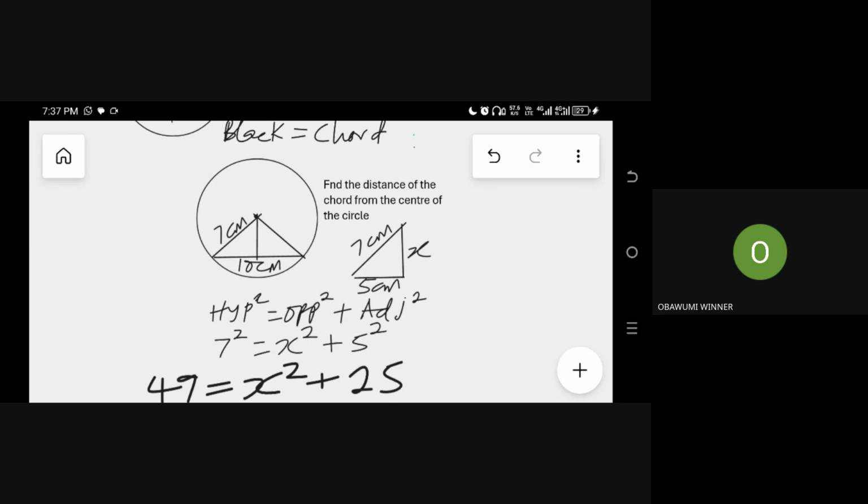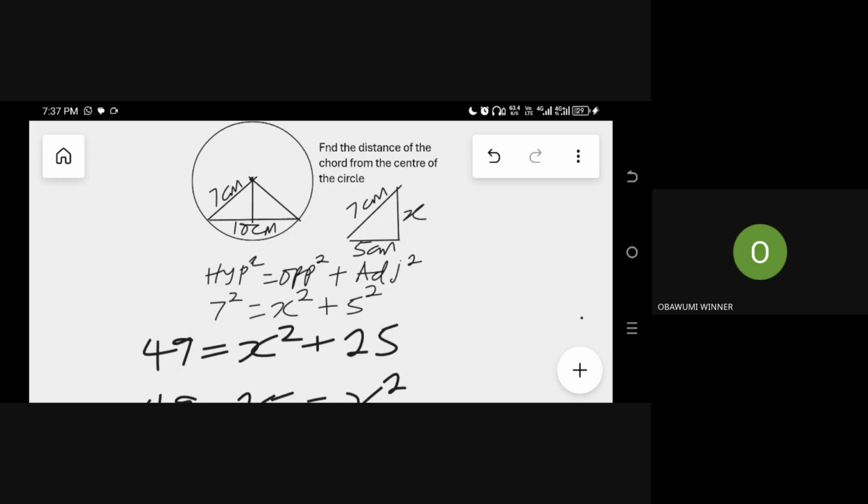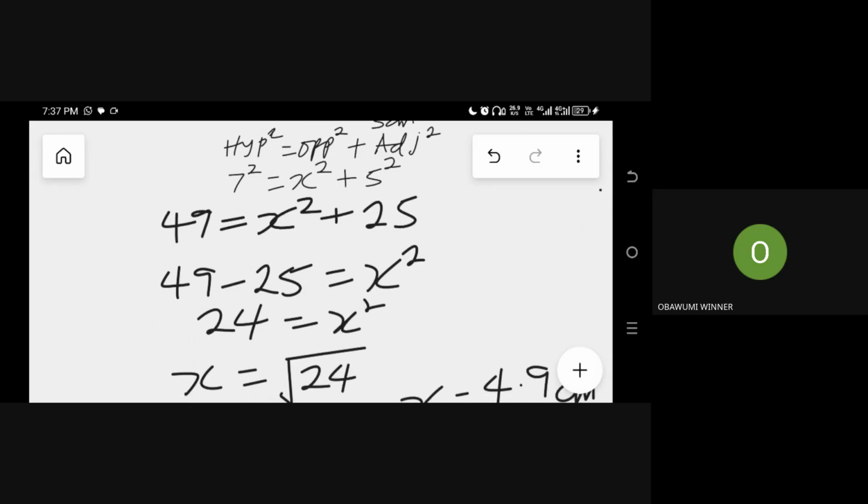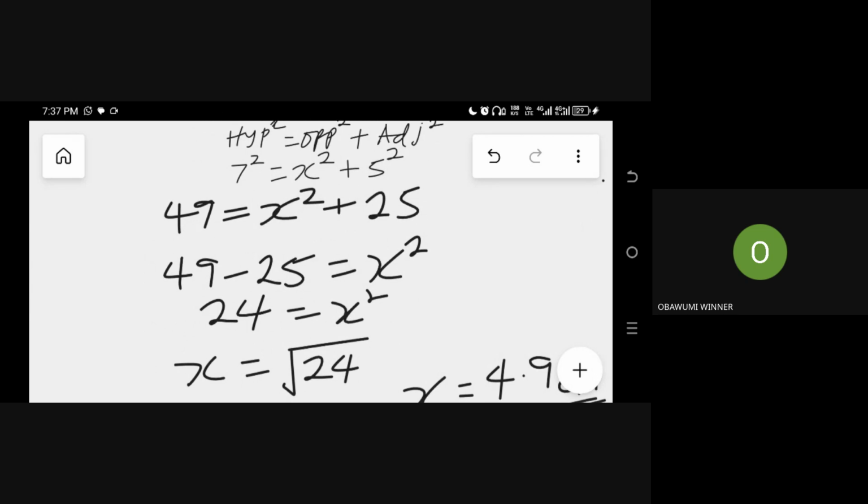So here, hypotenuse, 7 to the power of 2, equals opposite, which we're referring to as S to the power of 2, plus adjacent, that's 5 to the power of 2. This gives us 49 equals S to the power of 2 plus 25. When we collected the like terms, that gave us 49 minus 25 equals S to the power of 2. 49 minus 25 is 24, and we had 24 equals S to the power of 2.